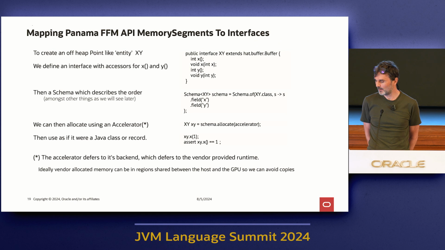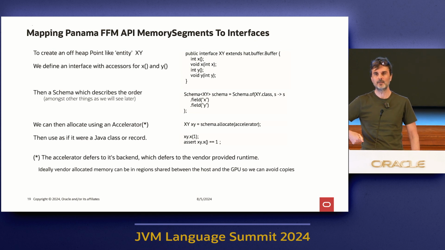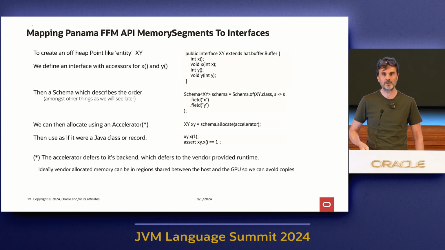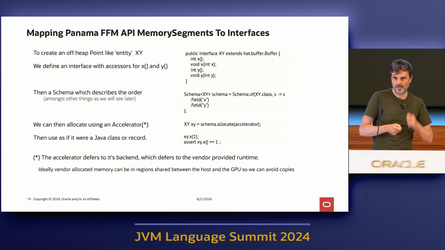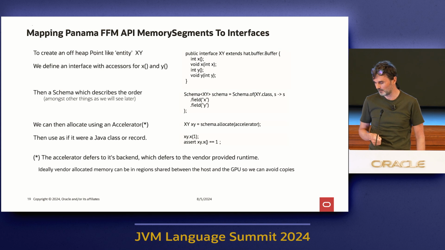We can ask it to allocate by giving it an accelerator. So when we allocate this and pass an accelerator, the accelerator can say, oh, I'm going to allocate this on the GPU and return a handle instead. Don't have to allocate it on the heap, on the host, if I don't need to. And then we can access it. If we access it from the host, we may have to pull the data over and then update it in a memory segment associated on the heap.